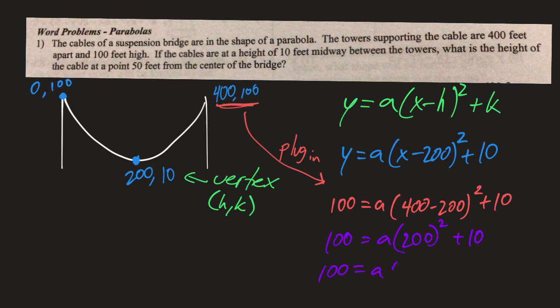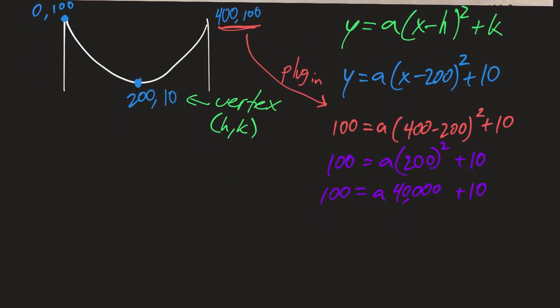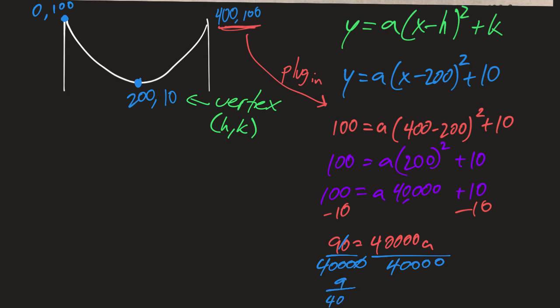Equals a times 40,000 plus 10. Okay. Subtract 10. We've got 90 equals 40,000a. And we can just divide this over to get our final answer for a at least, which leaves us with this kind of funky looking fraction. 9 over 4,000 is a.